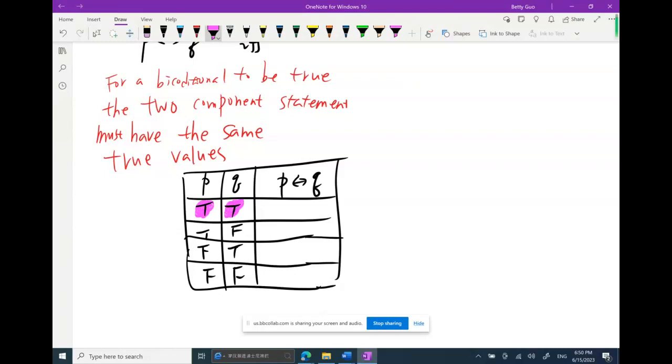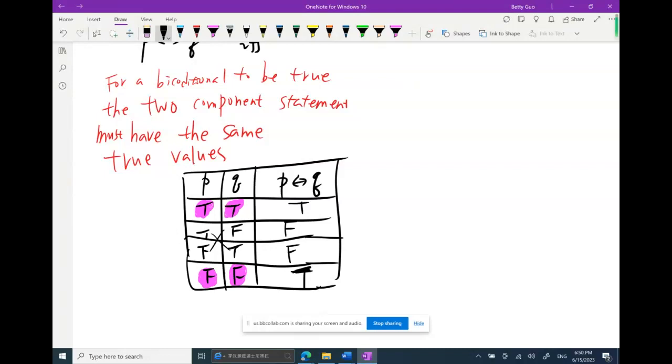If they are both true, then the biconditional is true. If they are both false, the biconditional is true as well, as long as the two component statements have the same values. But when they have different values, the biconditional is false.